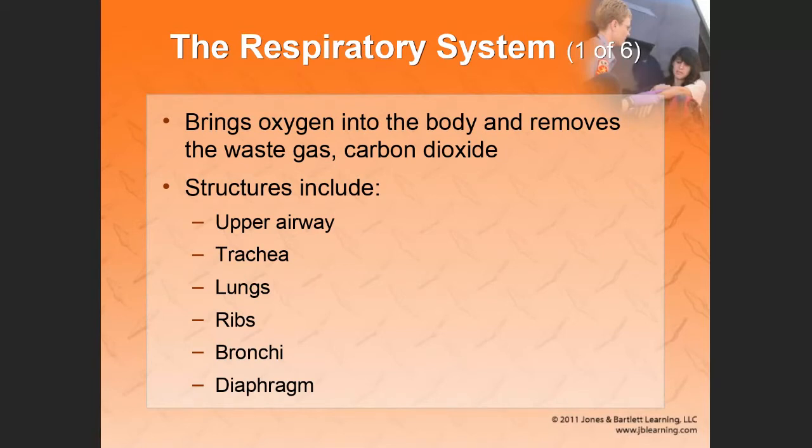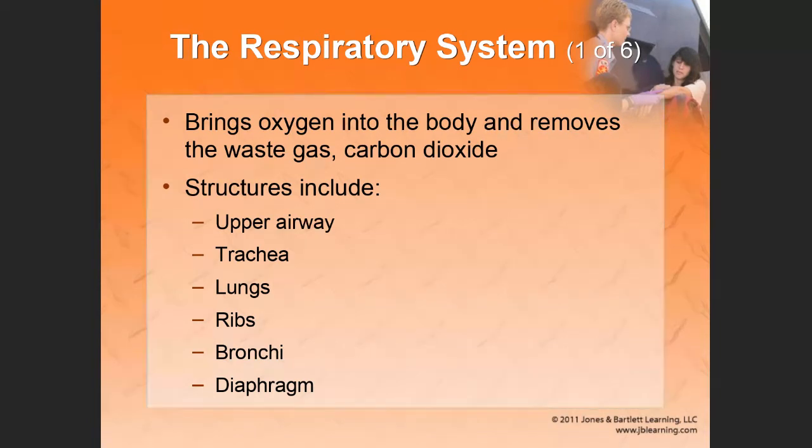So the respiratory system. In order for the respiratory system to function effectively, a patient must be able to ventilate. There must be good oxygenation, and then there must be good respiration. The structures of the respiratory system include the upper airway, the trachea, the lungs, the ribs, the bronchi, and the diaphragm.